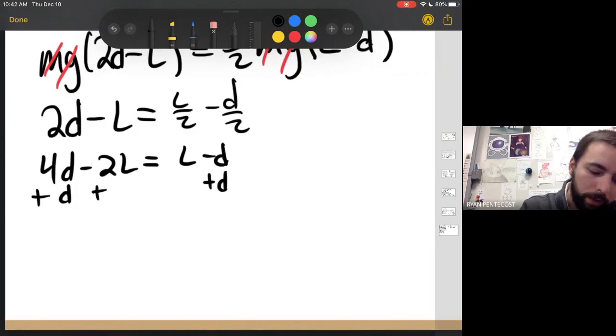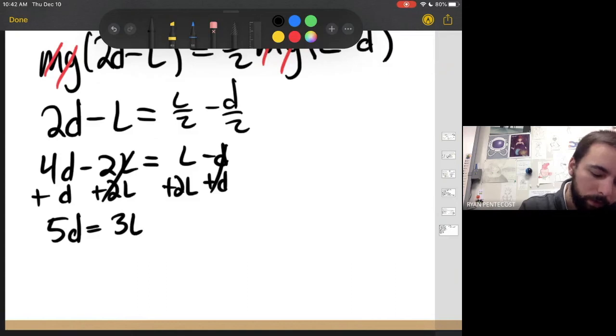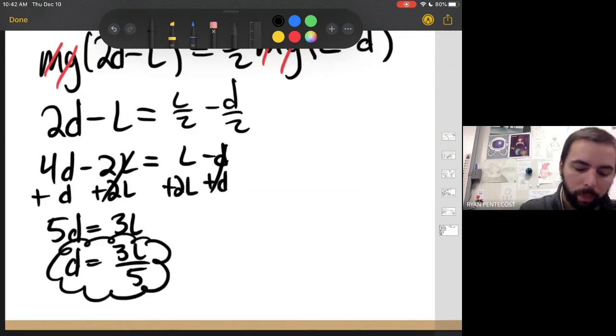We will add 2L to everything. So that goes away, that goes away. So we've got 5d equals 3L. Holy smokes, wouldn't you know, d equals 3L over 5. Bingo, bango, we were able to show it.